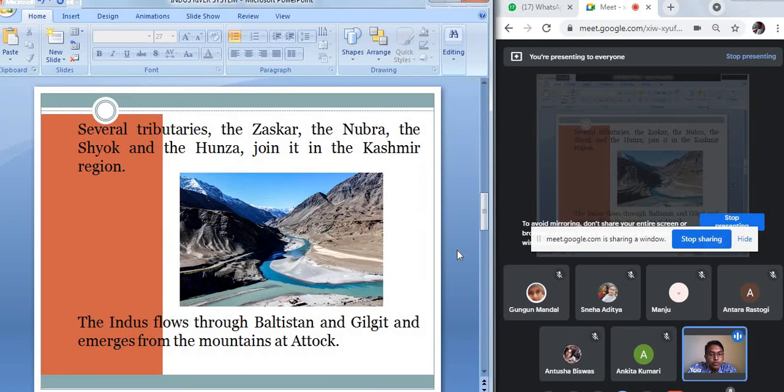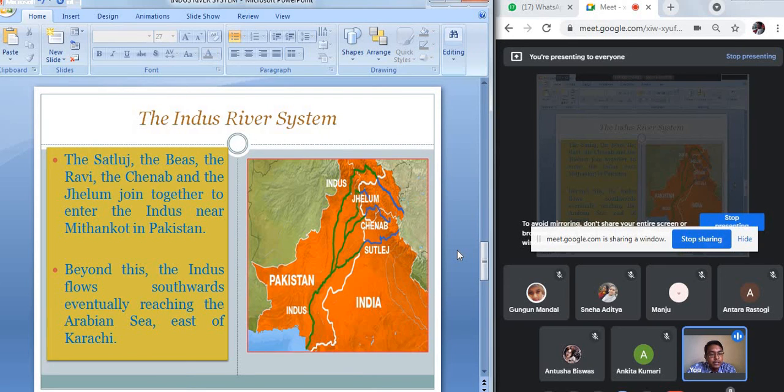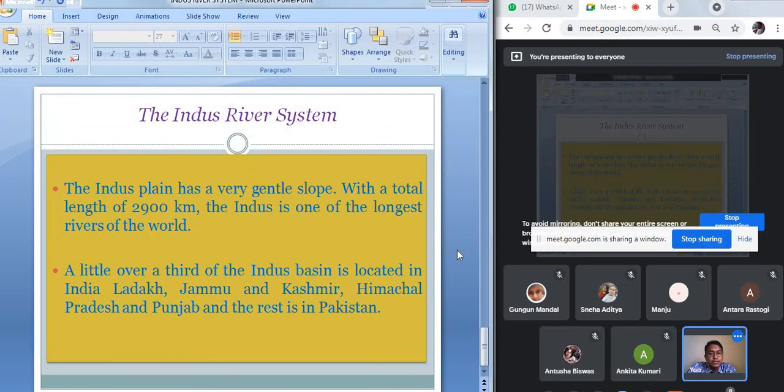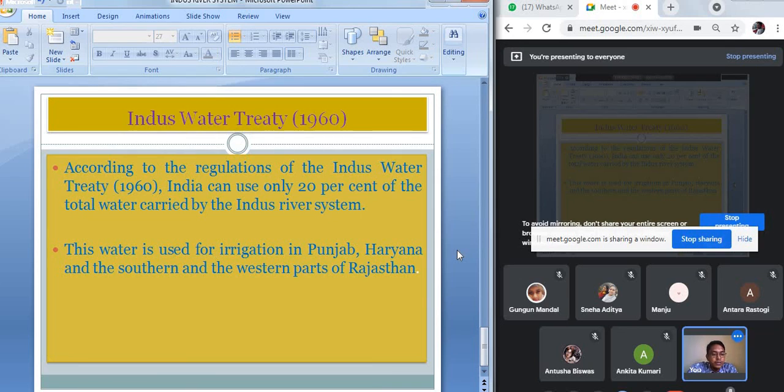So in order to sort out the issue of sharing the Indus water between India and Pakistan, the Indus Water Treaty was signed between India and Pakistan.